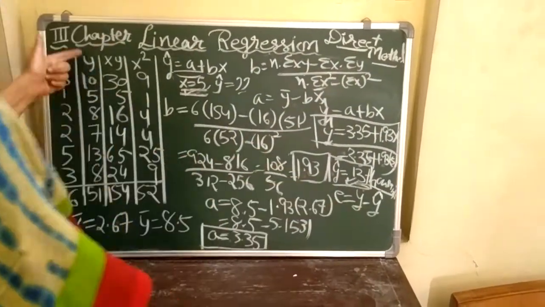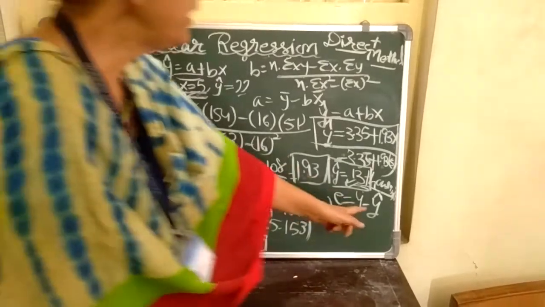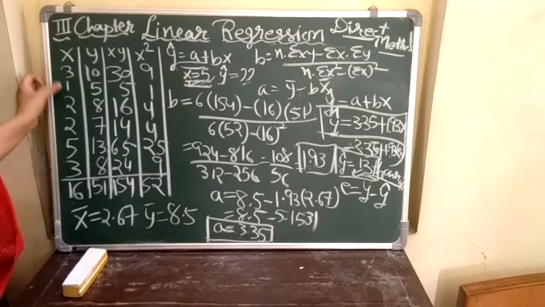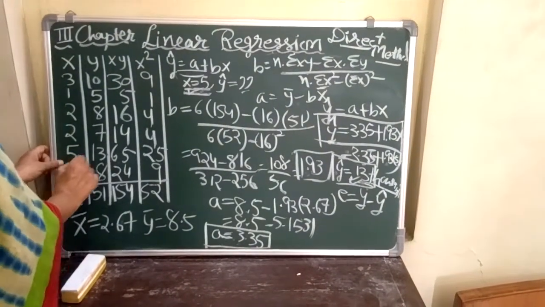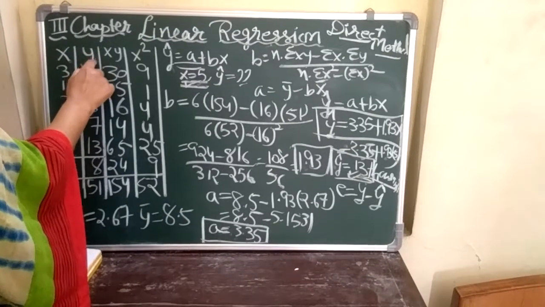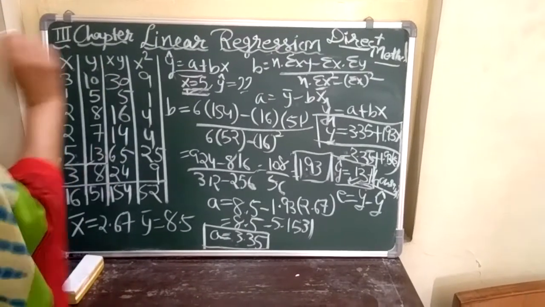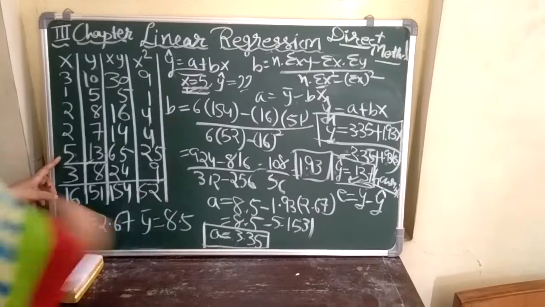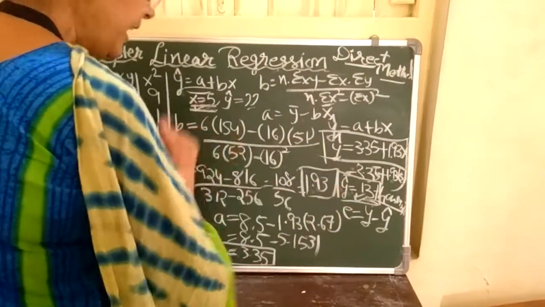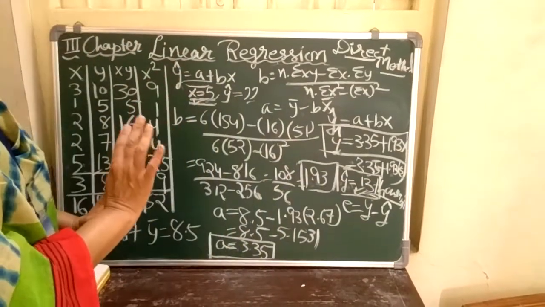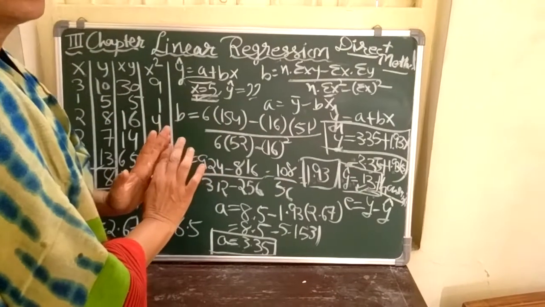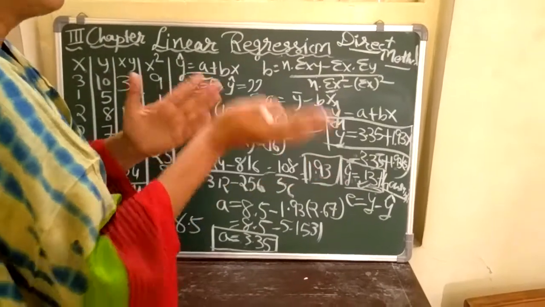Y means the actual value of y, and the estimated value is what we found. Now here you can see 3, 1, 2, 2, 5, meaning where the actual value of x is 5, at that time the actual value of y is 13. And here also the estimated value in this sum is the same, 13 only, but it is not necessary that every time we get the same value. It can be less, it can be more.